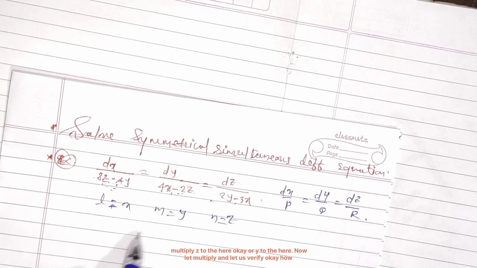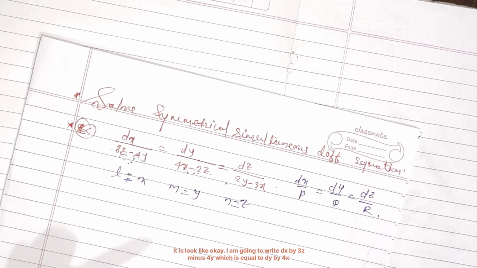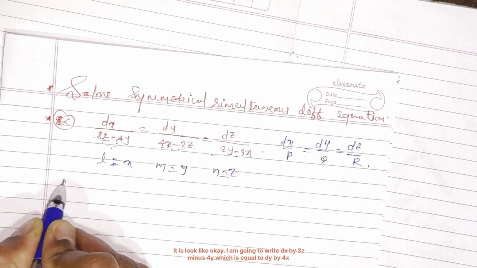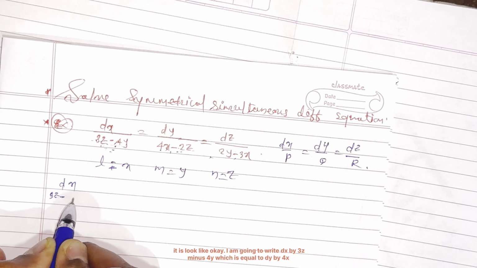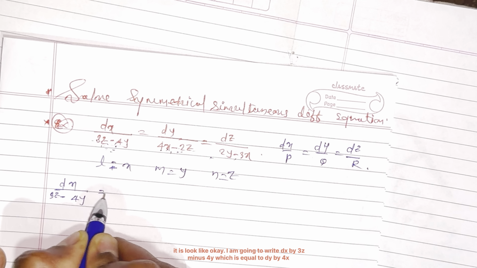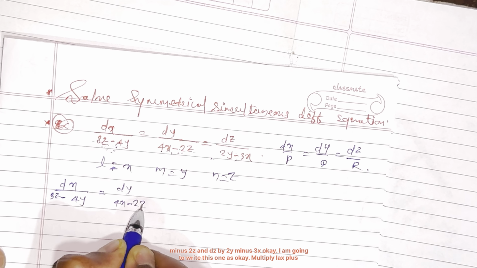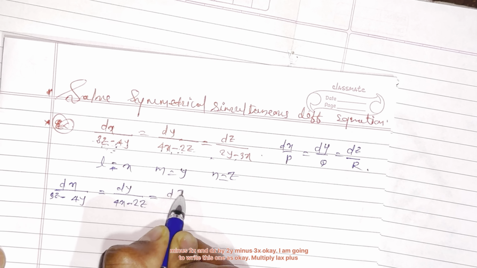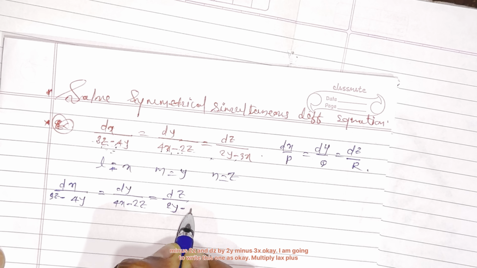Now let's multiply and verify how it looks. I'm going to write dx by 3z minus 4y, which is equal to dy by 4x minus 2z, and dz by 2y minus 3x.